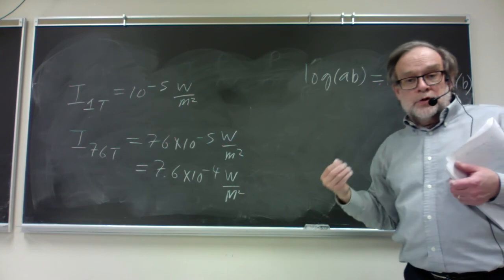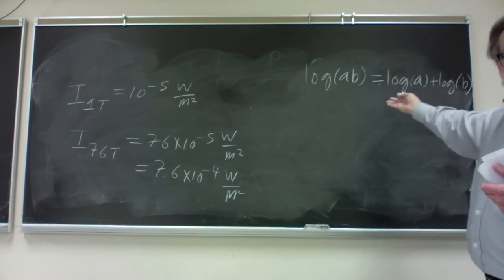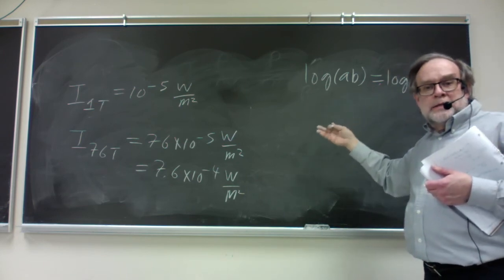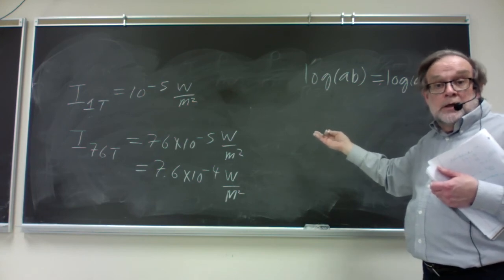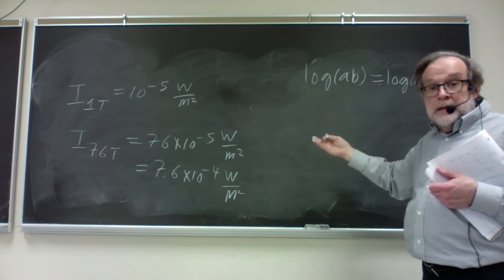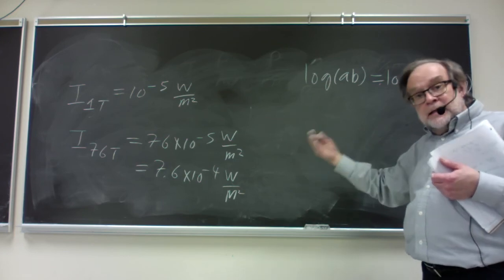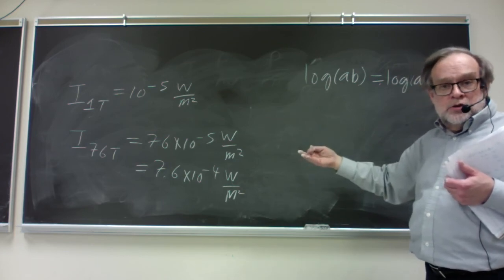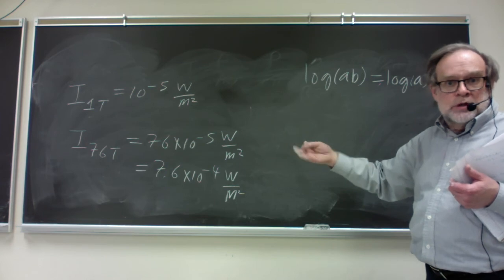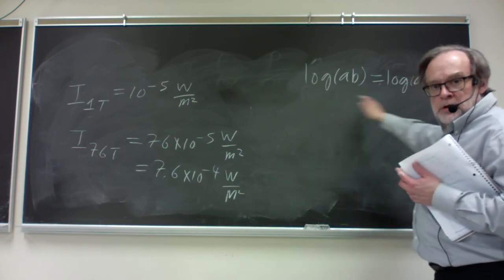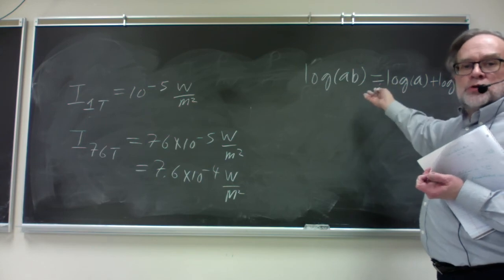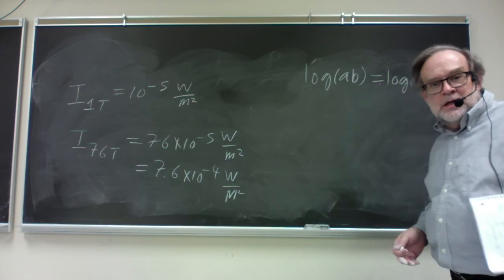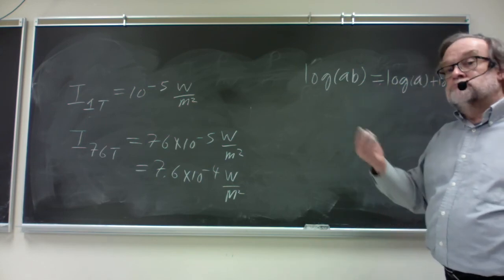And if this were a math course, I could show you why this is true. Basically, it's true simply because a logarithm is an exponent, and then you use facts that you learned about exponents back in algebra class to demonstrate why this is true. But we'll just use this instead of worrying about why.